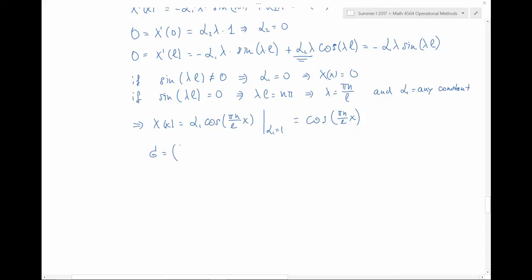It means that sigma should be (pi n over L) squared, and therefore our solution should be a function T(t) times cosine of pi n over L x.